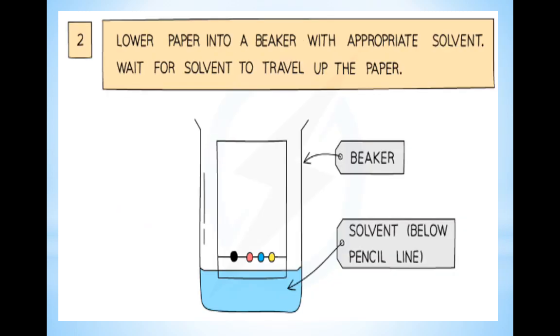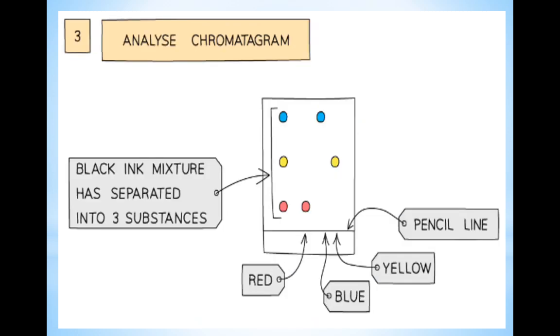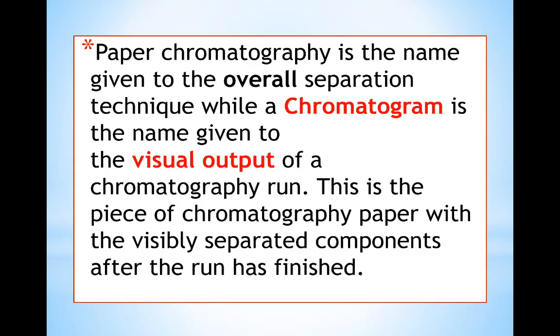Then we lower the paper into a beaker with the appropriate solvent, wait for the solvent to travel up the paper, analyze the chromatogram, and that's it. Paper chromatography is the name given to the overall separation technique, while a chromatogram is the name given to the visual output of a chromatography run. This is the piece of chromatography paper with the visibly separated components after the run has finished.